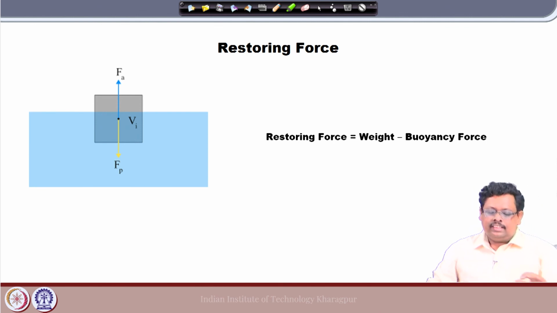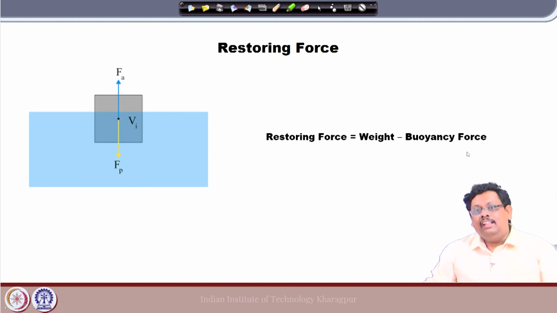Anyway, let us come back to this C term, which is called the restoring force, which is basically the difference between the weight and the buoyancy force. Okay. Now, this is the classical thing, the difference between the weight and the buoyancy.